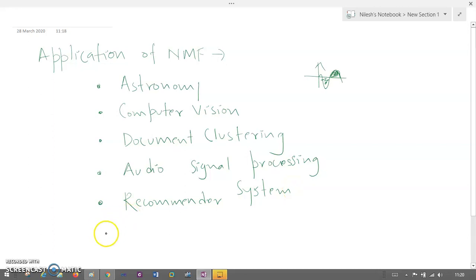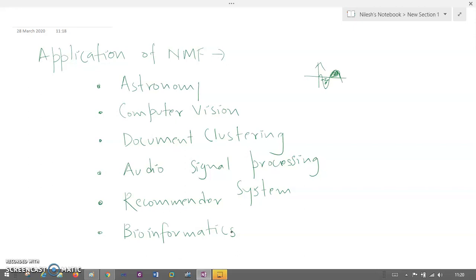It is also used in bioinformatics. These are the practical applications of NMF, and if you know NMF, then you can work in these fields.